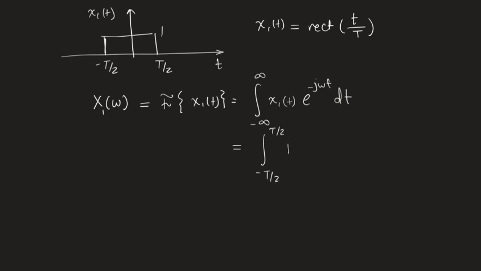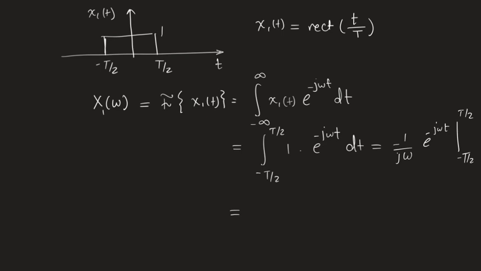The value of the function is 1, and then we have e to the minus j omega t dt. Can we solve this integral? Yes, we can. So minus 1 over j omega multiplied by e to the minus j omega t, and substitute the upper limit, substitute the lower limit, right?